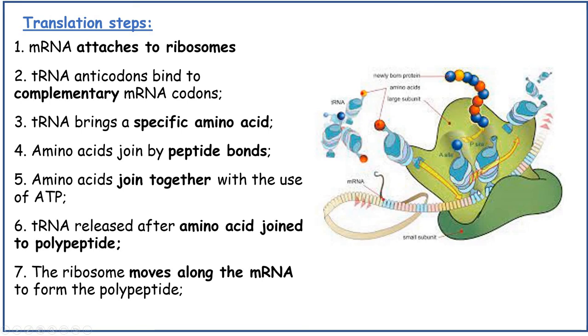The tRNA anticodons bind to complementary mRNA codons, and tRNA brings a specific amino acid, and then the amino acids join by peptide bonds, and this requires ATP. Then after that, the tRNA is released after the amino acid is joined to the polypeptide, and the ribosomes move along the mRNA to form the polypeptide.